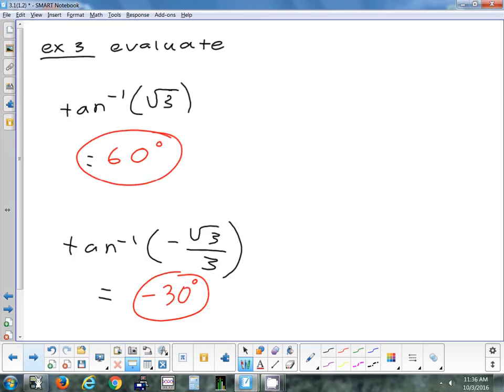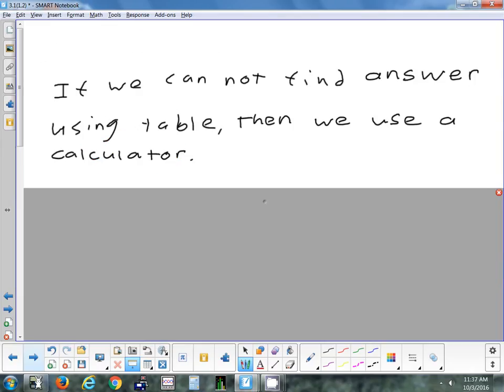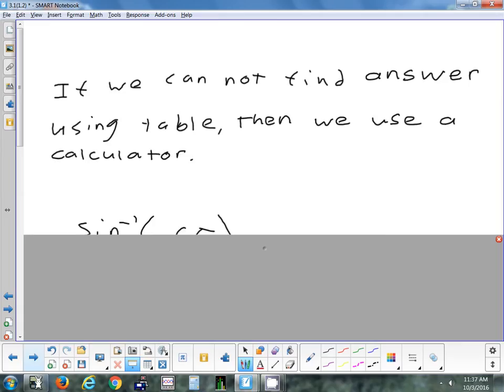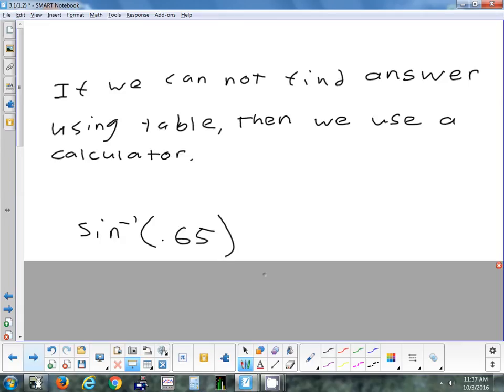Okay, so the table, that's great if you're working with angles that are on the unit circle that we did last week. But sometimes you're going to have an angle that's just not a multiple of 30 or 45. So that's when we're going to use our calculator. You can try to use the table, but if you look at 0.65, was that a number that we ever used when we did coordinates last week?